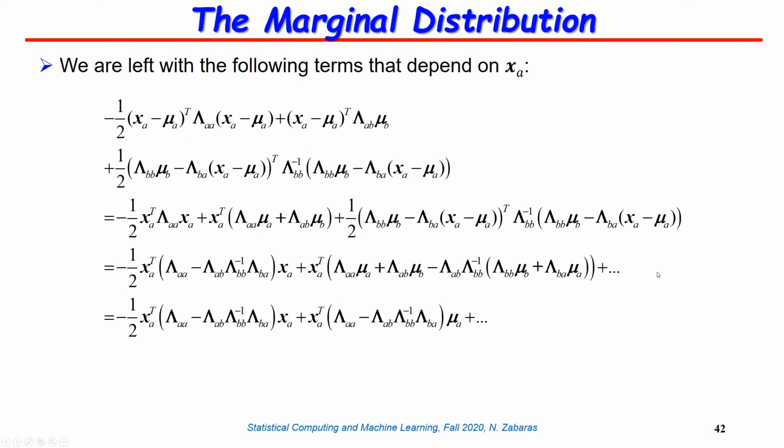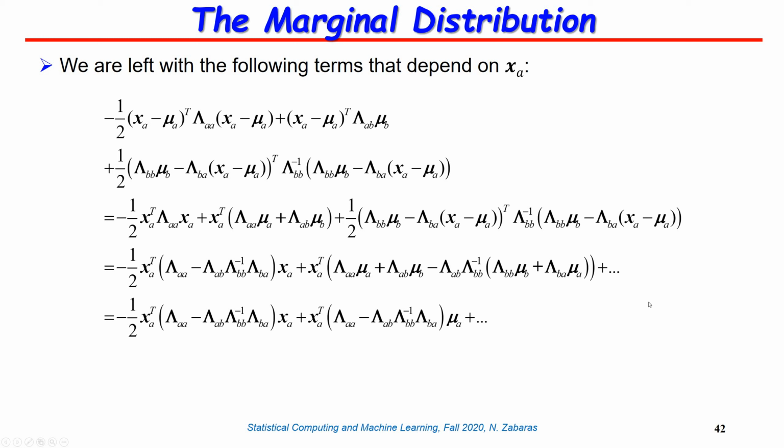So what I'm left with is actually terms that involve only XA. If you look at all the remaining terms after XB get out of the picture, you get quadratic terms in XA and a linear term in XA. And obviously, this looks to me like the exponential of a Gaussian.